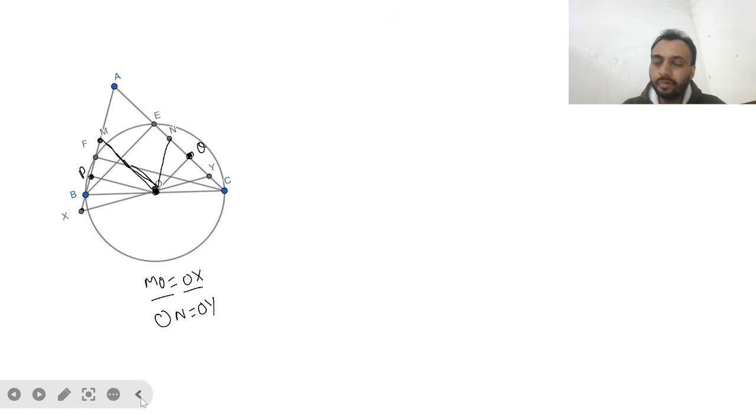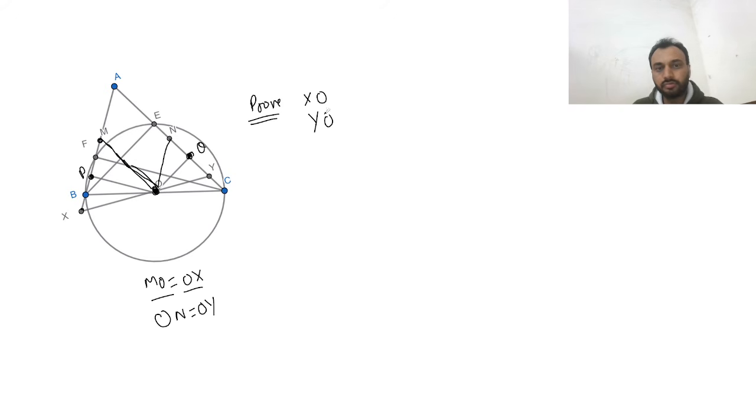So I will try to prove it in a way that I will connect XO and YO, right? I connect X to O, and here I am assuming O is a midpoint of BC, and I'm connecting XO and YO.